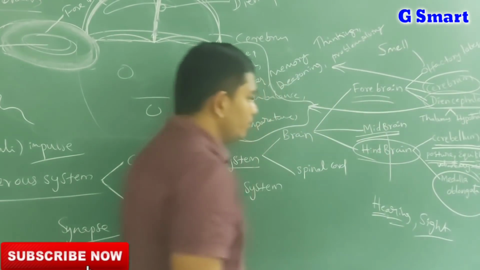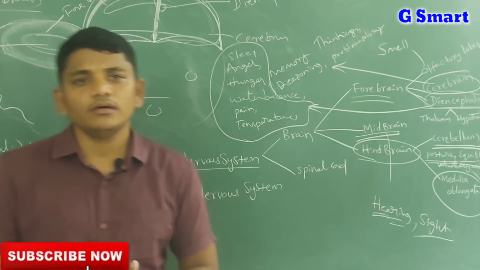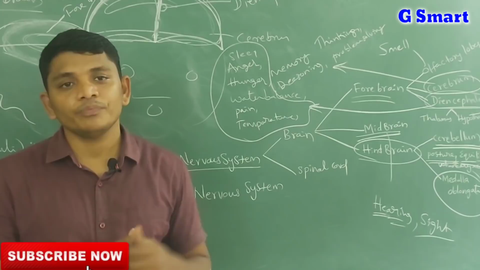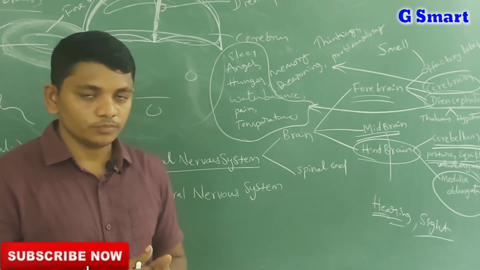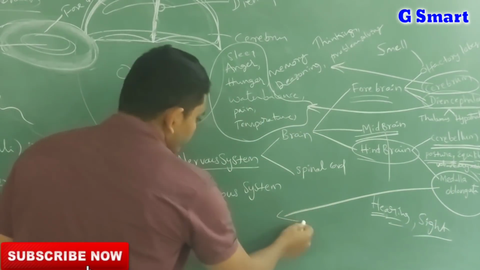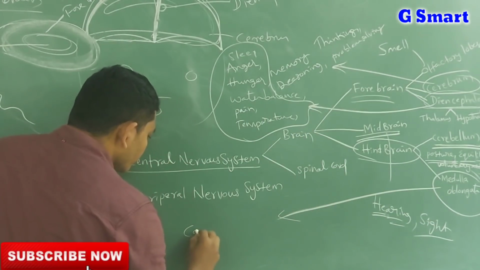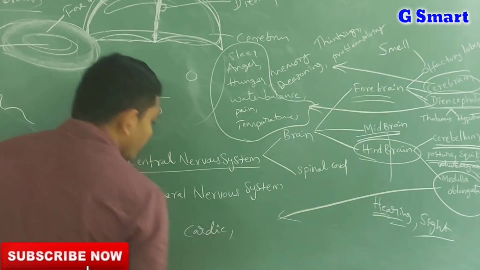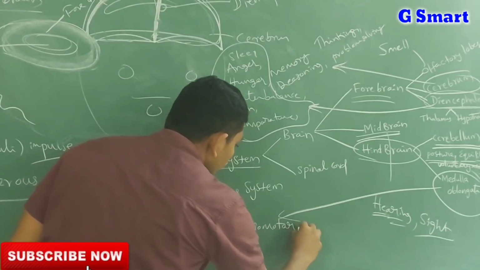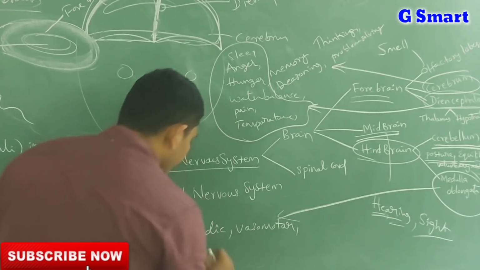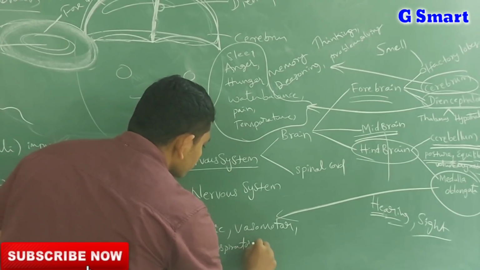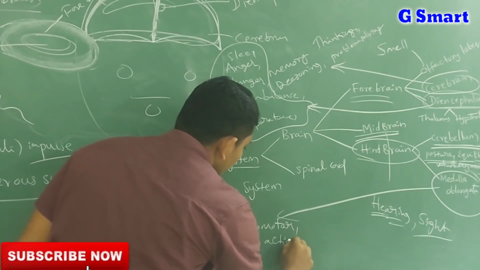And the last one, medulla oblongata. You know, medulla oblongata is also a very important part in the nervous system. It is very important actually. It is responsible for cardiac, vasomotor and respiratory actions.